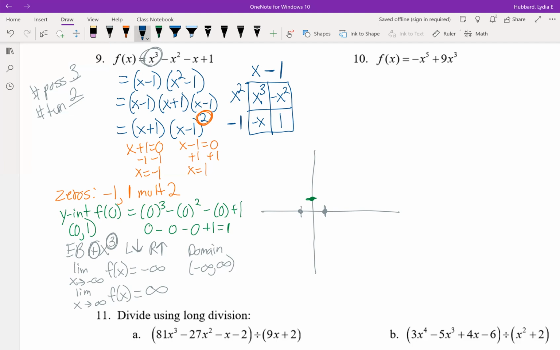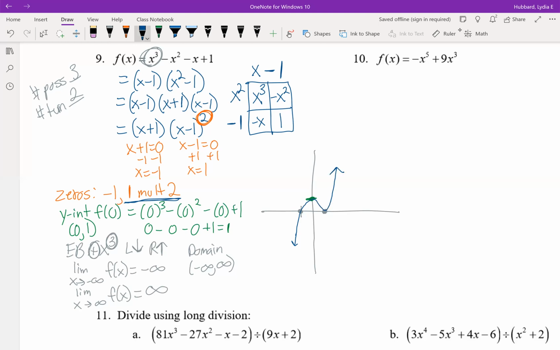So this graph has the left side going down. So we're passing through negative 1, passing through that y-intercept. And again, we have a multiplicity of 2 at 1. So multiplicities of even numbers are when we're bouncing. So we come down and we bounce and we go back up.